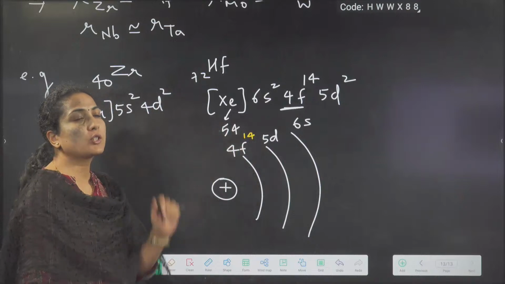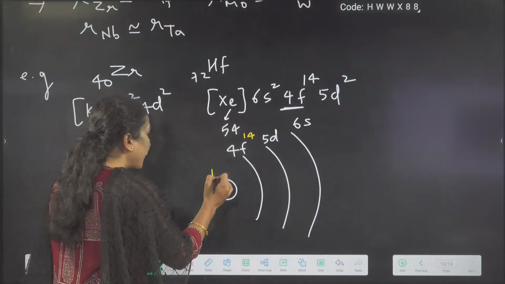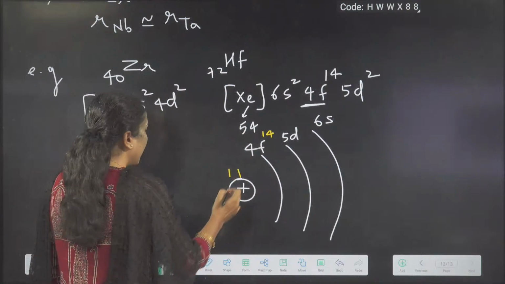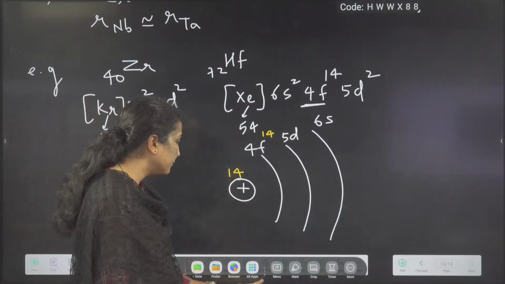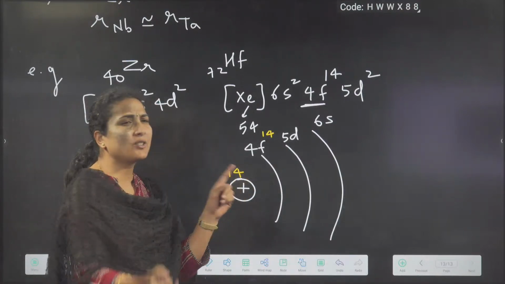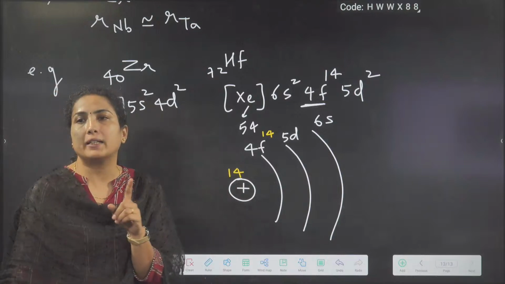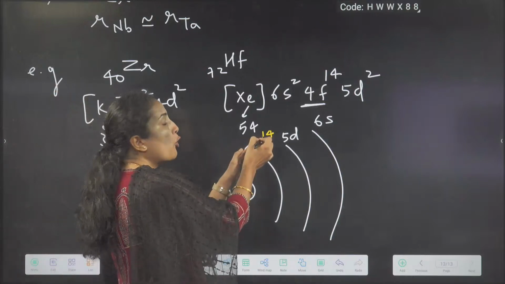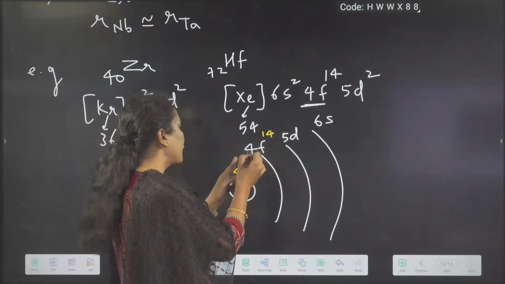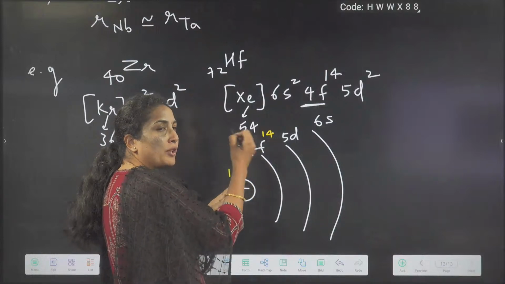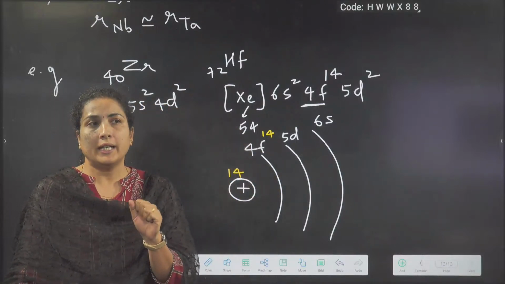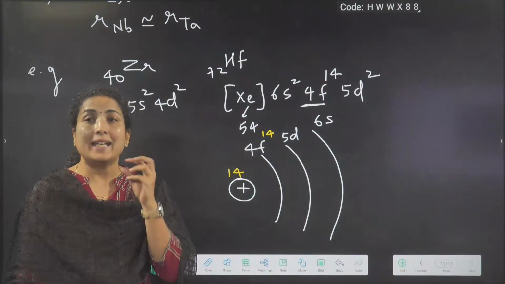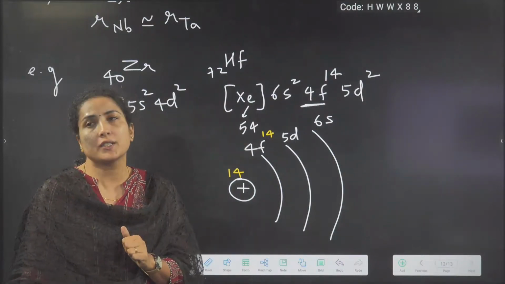If 14 electrons got added up there, so definitely to make the atom neutral, you will be having 14 protons added up in the nucleus as well. Do you agree? It is on the same line as what we have understood for gallium. Here I am saying 14 electrons got added up in 4f. So in response to that, definitely 14 protons would have got added up in your nucleus, right? Increased nuclear force of attraction is there.